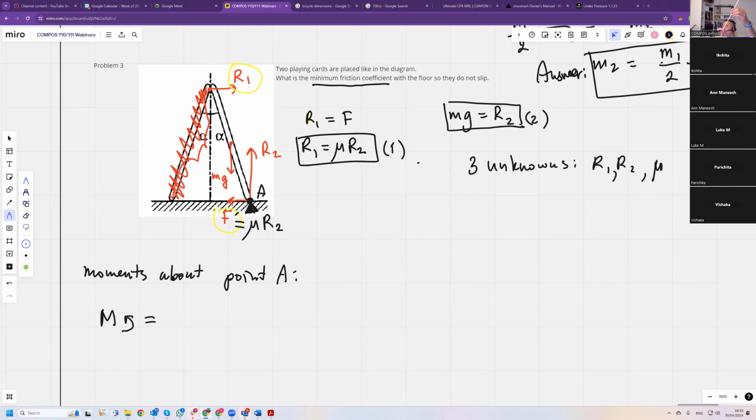We fix it at this position. Imagine we are holding it at point A. So this is point A. There are two forces that are trying to rotate the ruler. The mg force, this force, is pulling down. So it's trying to rotate it like this. The reaction force is pushing that way.